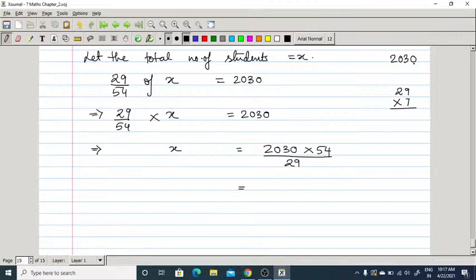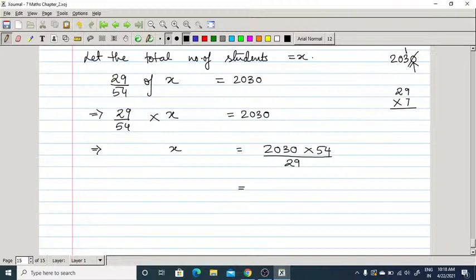So I will look into the last digit. Does 0 occur anywhere as the last digit in the 9's table? No. So I will not think of this now.